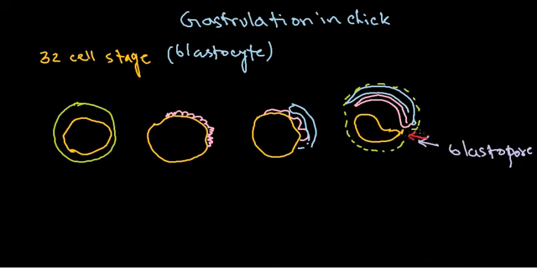Through this pore, cells form an invagination inside, and we see two different types of layers start to form. The first layer that started to form onto the surface of the yolk sac is termed the endoderm, and the second layer, which starts to form onto the surface of the endoderm, is called the ectoderm.